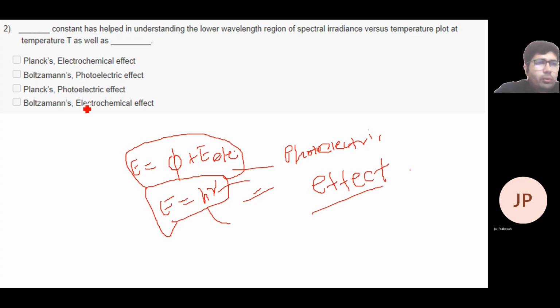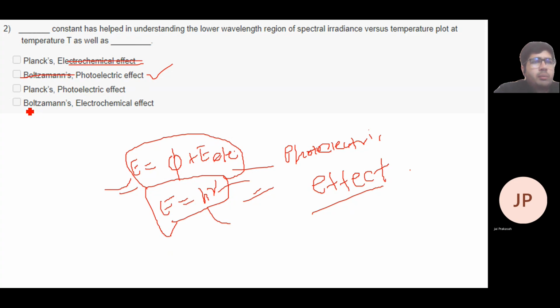From the options, option A says Planck's and electrochemical effect. We have not covered any electrochemical effect, so this option cannot be correct. Option B is Boltzmann and photoelectric effect. We have covered the photoelectric effect and this equation represents it, but there was no mention of Boltzmann's constant.